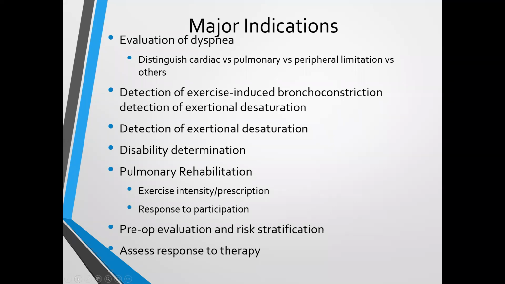Also, another indication is detection of exercise-induced bronchoconstriction. All right. So we know that there's a subpopulation of asthmatics who, when they're exercising, experience asthma-like symptoms. Okay. Worse yet, there's a subset of them that, when they're exercising in cold air, can have even a confounding effect.